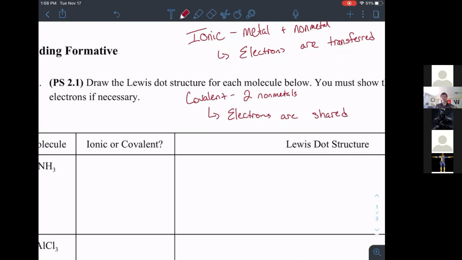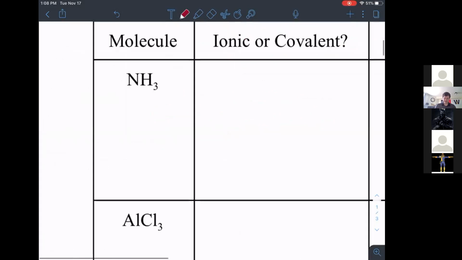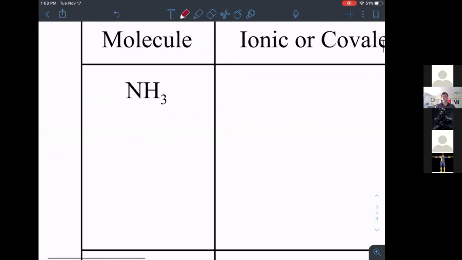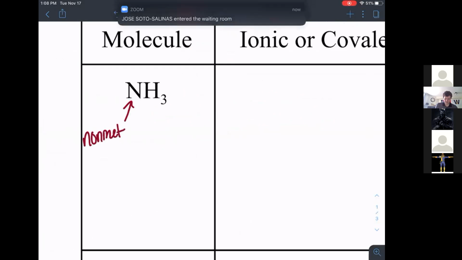So ionic and covalent. Let's go through first and identify, is this an ionic or covalent compound? So is this a metal or a non-metal here? Non-metal. And what about hydrogen? Is that a metal or a non-metal?